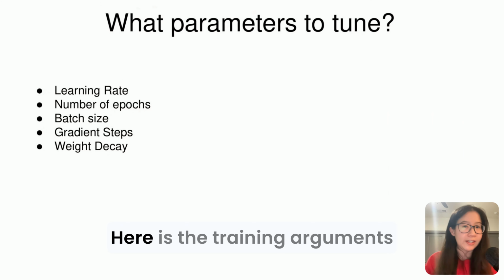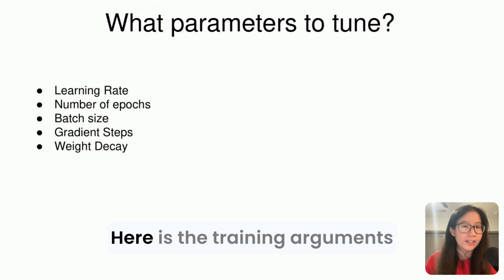Here are the training arguments that we just talked about. These are the parameters for us to tune. Again, it depends on the kind of task that you can have different parameters to tune. For example, if you are doing summarization, you may want to tune top K and top P as well. However, these are generalized parameters that I am seeing appear everywhere in any kind of task.